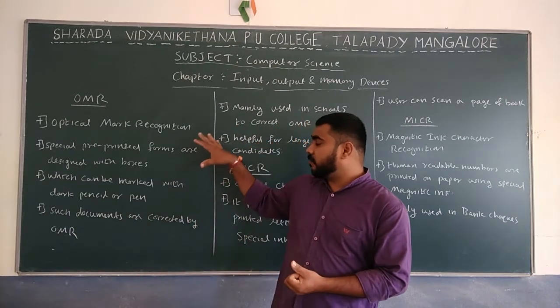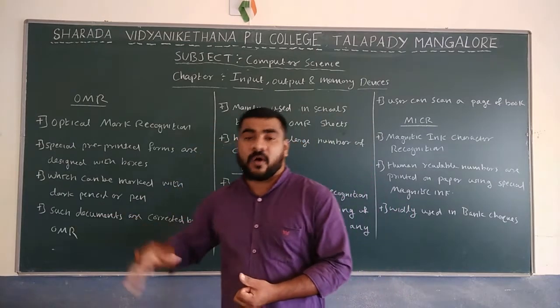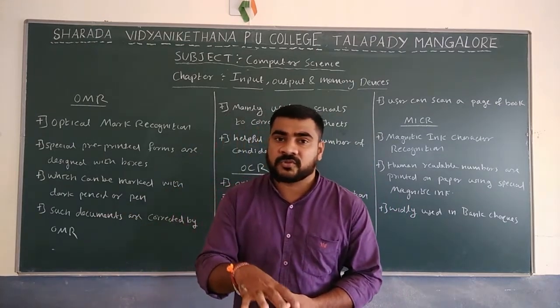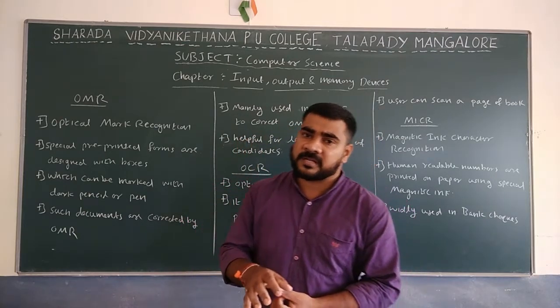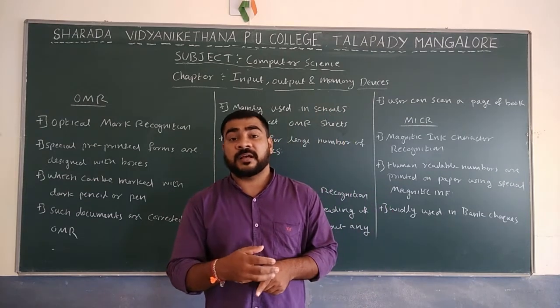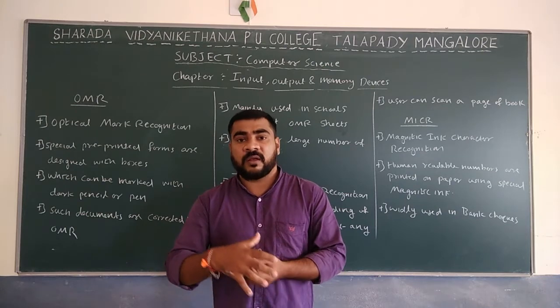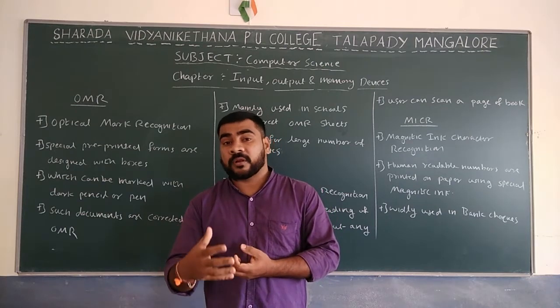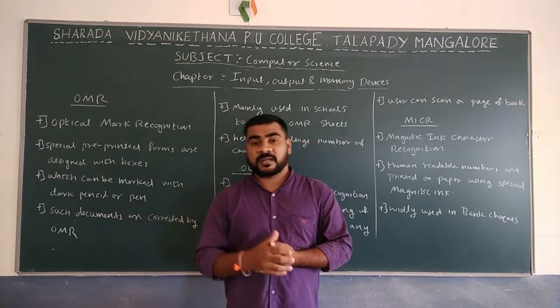Such documents can be corrected by the OMR. It is mainly used to correct OMR sheets. Have you heard about OMR sheets? An OMR sheet is a paper used in qualifying examinations, whenever there are many candidates.